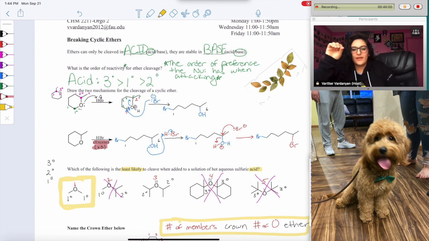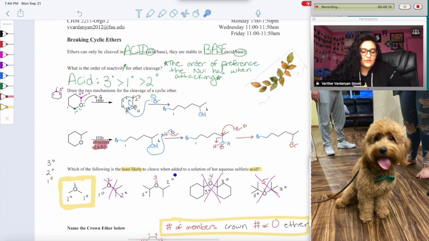And the carbocation is going to be most stable when it's tertiary, and then secondary, and then primary is the least stable. So if he asks you which is the most likely to cleave, he wants you to do this order. But if he asks you which side it would attack, then we use the 3-1-2 order.